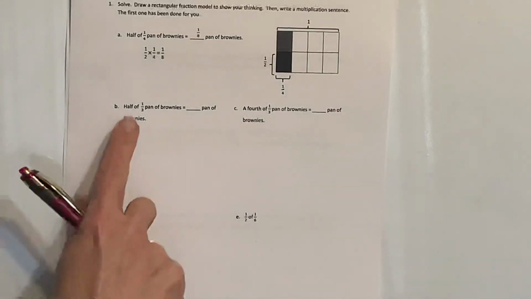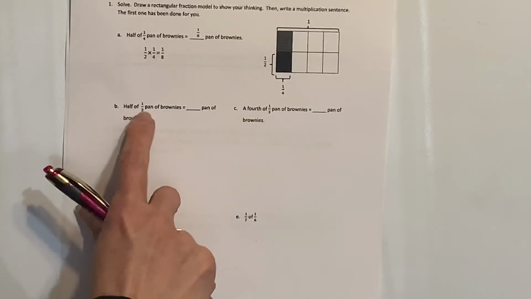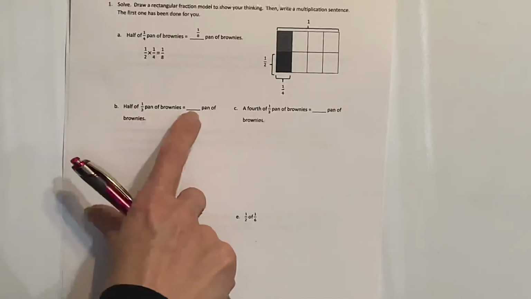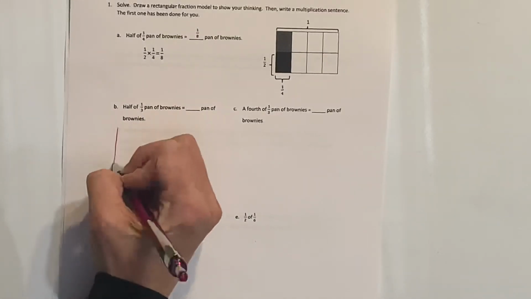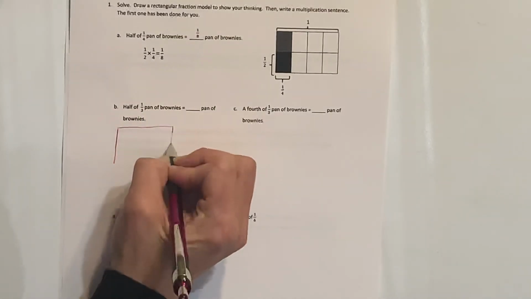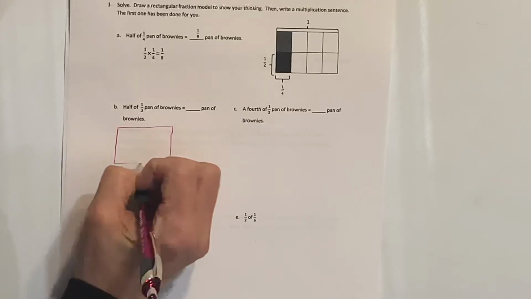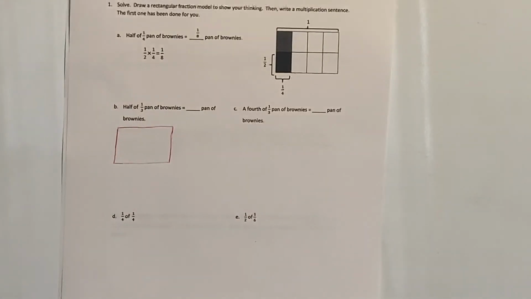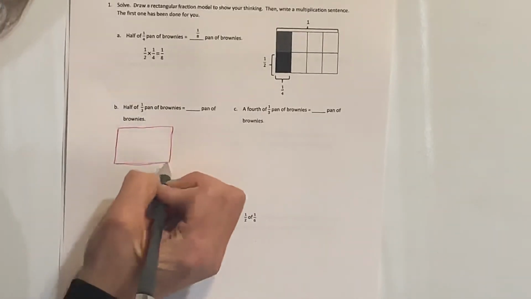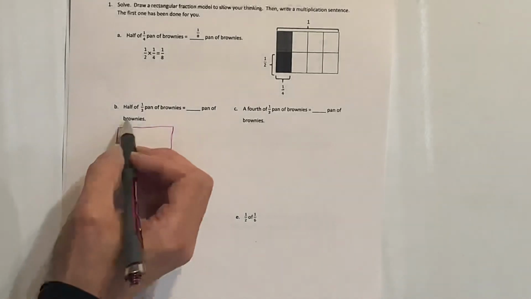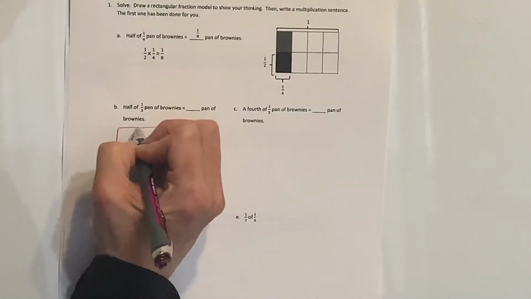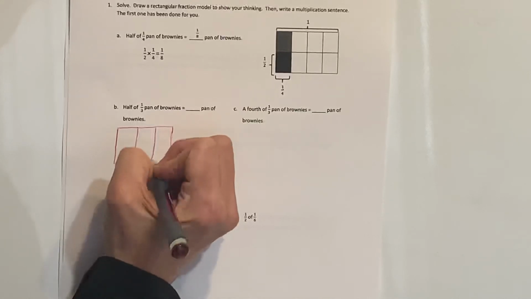All right. So it says half of 1/3 pan of brownies. So we can draw the pan of brownies. This is going to make me hungry. All right, so we've got a pan of brownies, and again, I didn't use my straight edge, so it's not terribly straight. It says half of 1/3, so I need to show 1/3 of the pan.